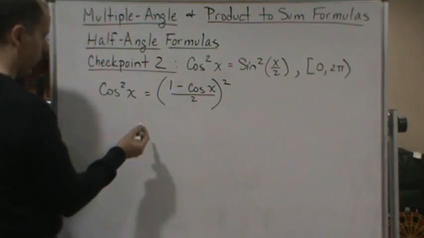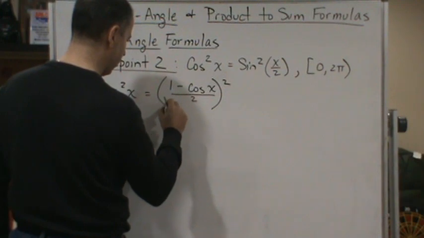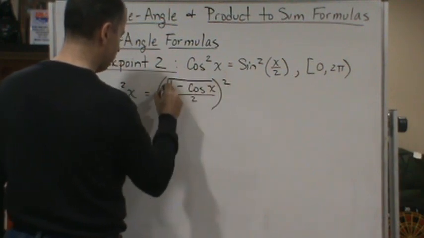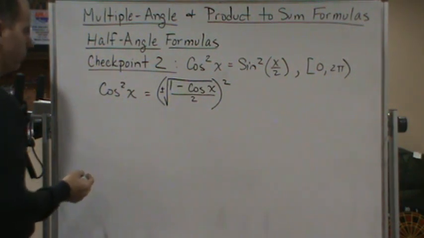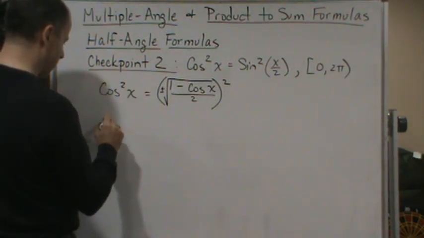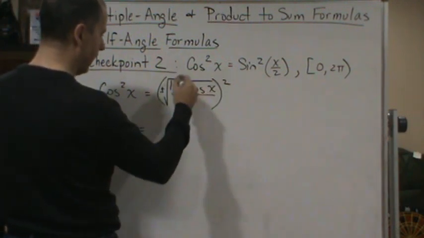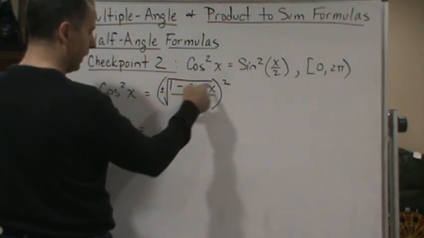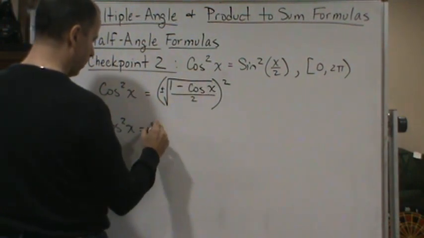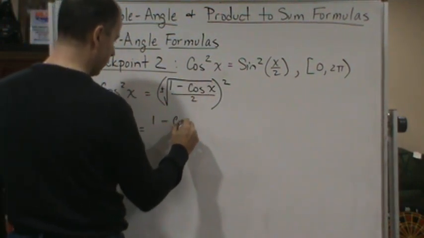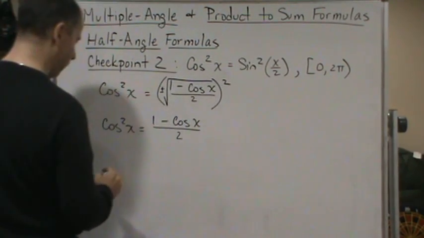And then, oh, hold on, I keep forgetting, this is a square root, so plus or minus. Okay, so now I'm going to simplify this, so it's cosine squared x equals, now again, doesn't matter whether it's positive or negative, we're squaring it, and the radical is going to disappear. So this is going to become 1 minus cosine x over 2.